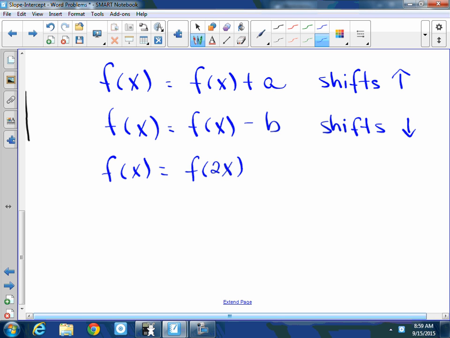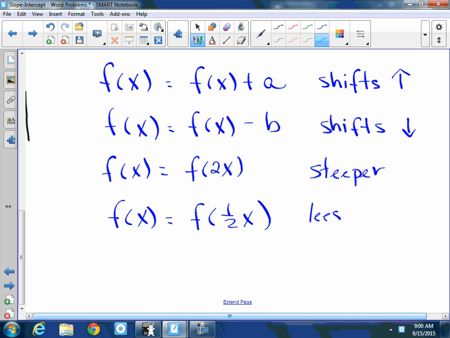No, I increased the slope, so what's going to happen to the line? Steeper. Thank you. This is a steeper line. But if I do this, what have I done? I made it less steep. Very good.